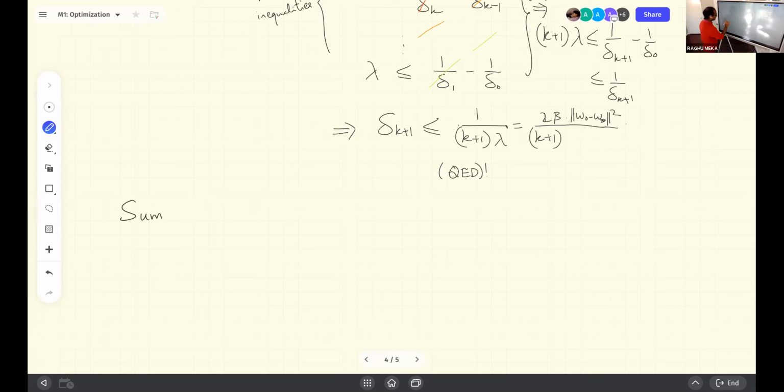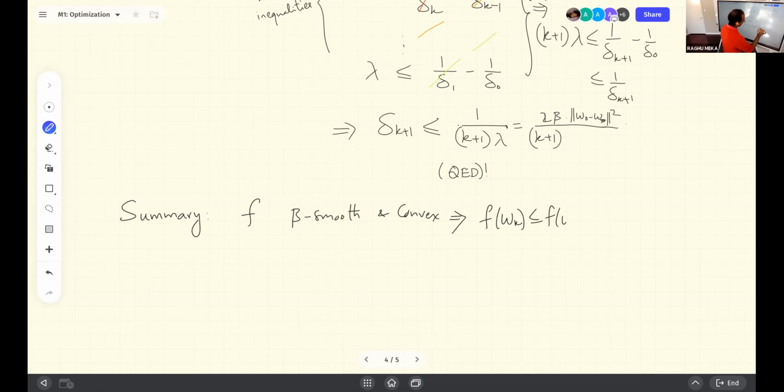Summary: if f is beta smooth and convex, then, which is kind of very cool, we have this universal bound as long as the function is smooth and convex.